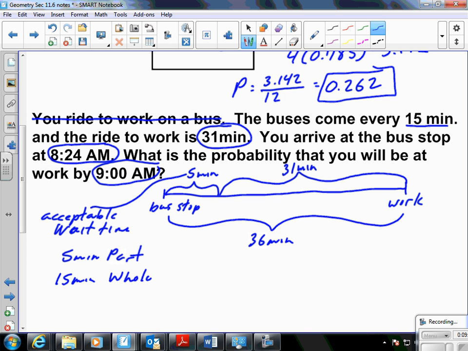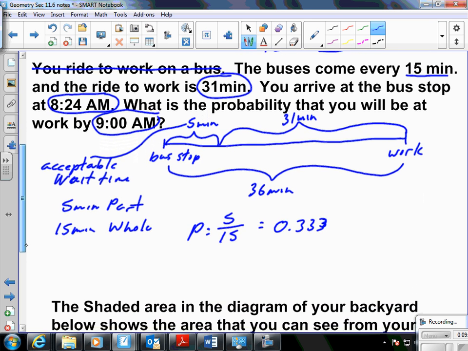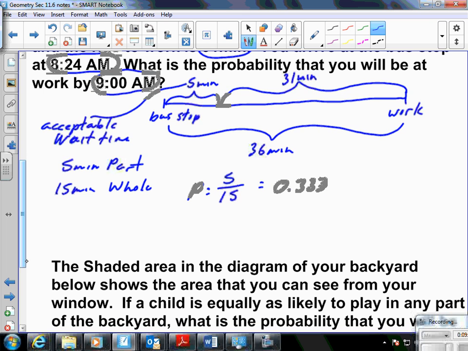So to find the probability, that's going to be 5 out of 15. And if we divide that out, it's going to be 0.333. So still not a great probability that we're going to be on time. It's a higher probability that we're going to be late.